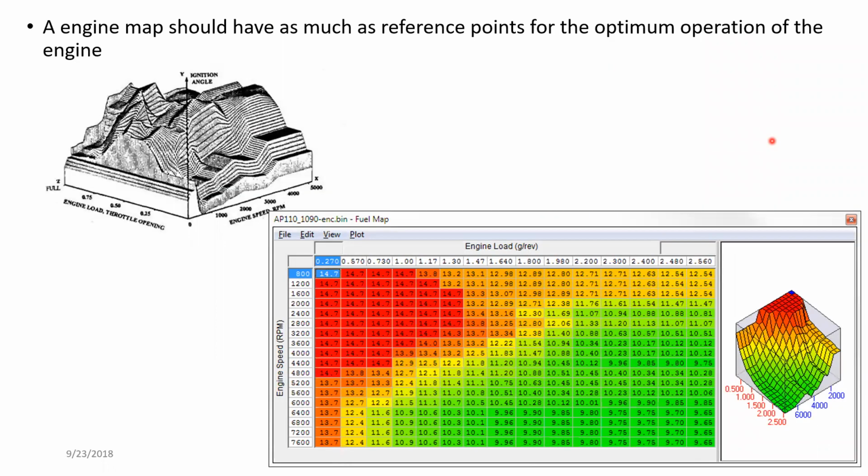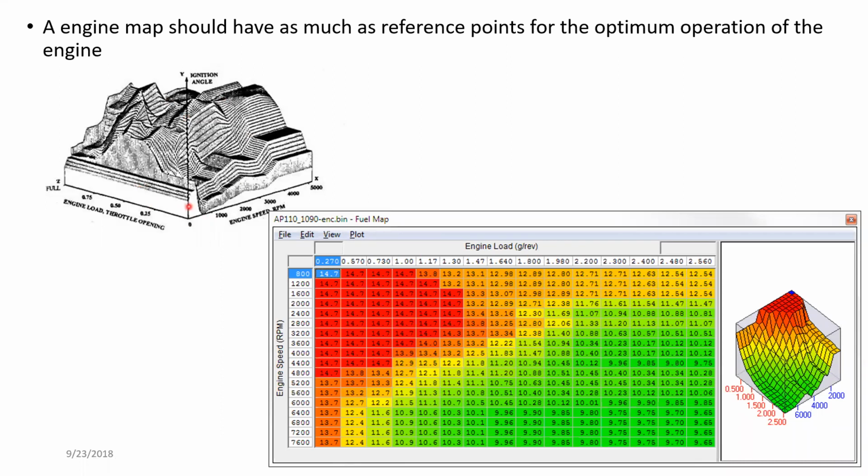Once everything is tested and done completely, you end up having something like this. This is a complete engine map. The first one is the ignition map, and the other one is a fuel map.